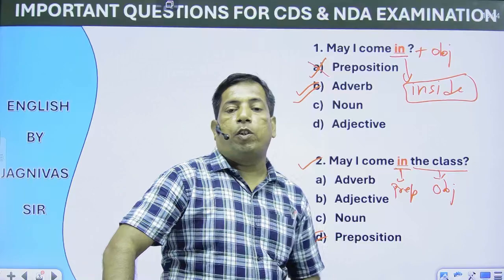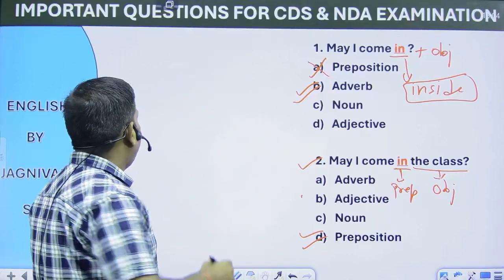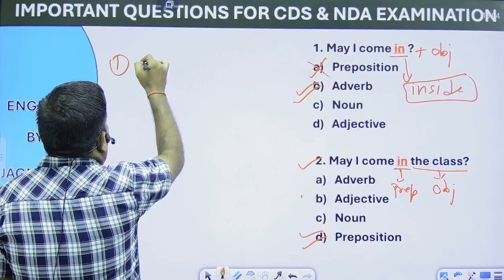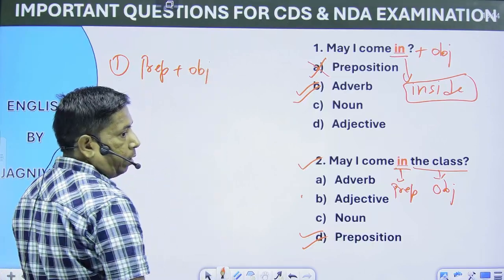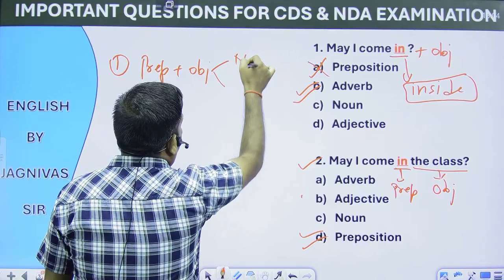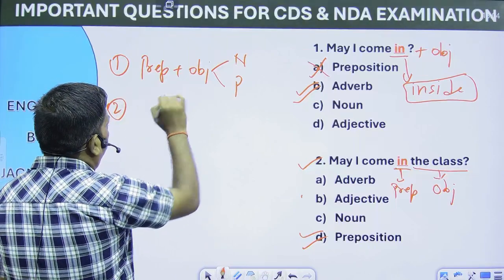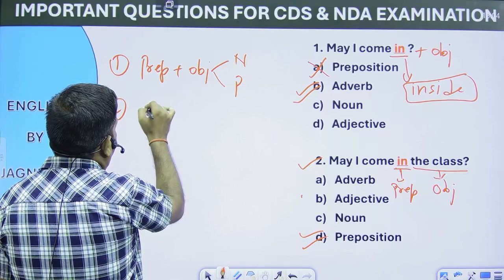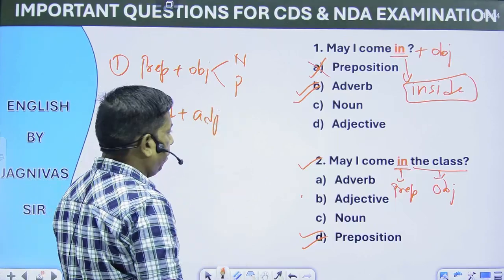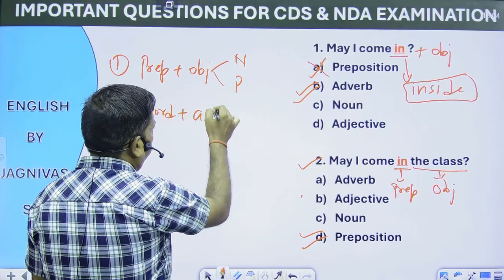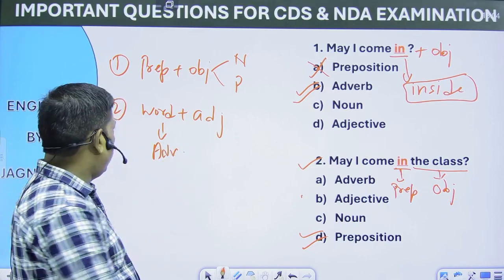So the purpose of this video was to understand the part of speech of a word. And what have we learned? We have learned that a preposition needs an object, which can be a noun or a pronoun. Second thing we have learned: words used before an adjective are adverbs.